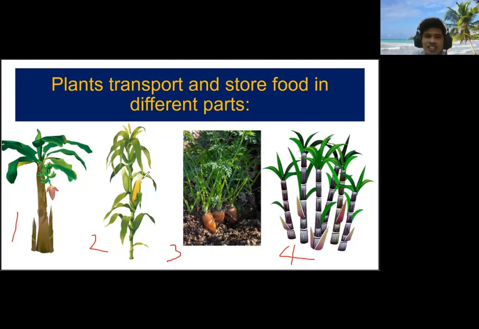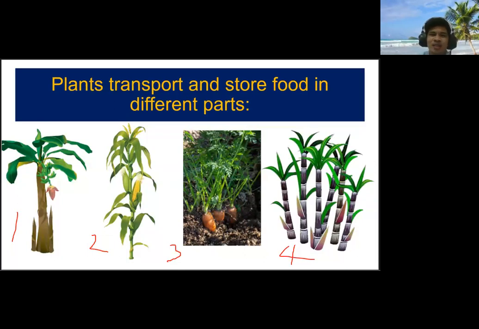Number four? That is correct, stem. Last question, number one? Very good. Fruits, that is correct.